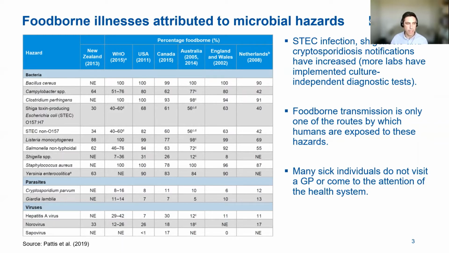But I should note that foodborne transmission is only one of the many ways by which humans can be exposed to these pathogens. Other ways include contaminated waters, animal contact, and person-to-person. For some pathogens, notification rates have increased because more labs have used culture-based or culture-independent diagnostic tests using PCR.